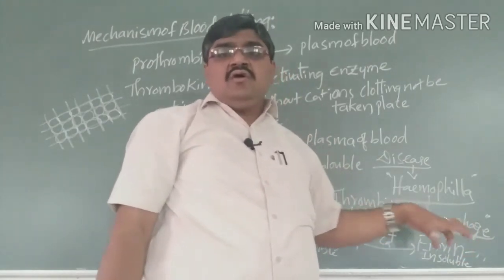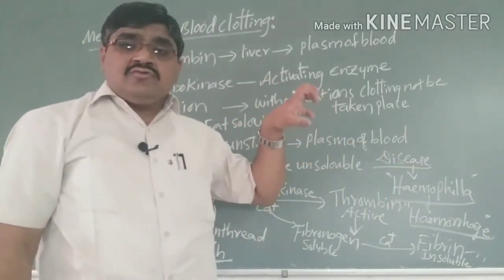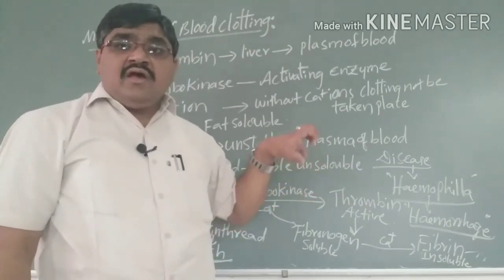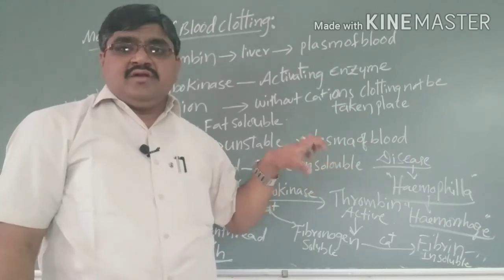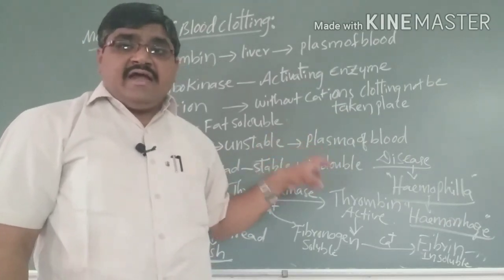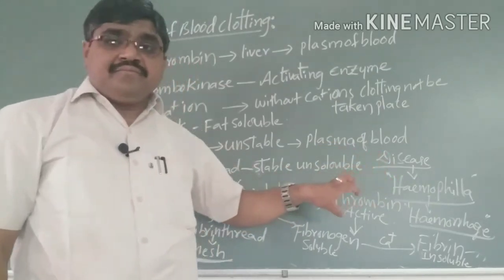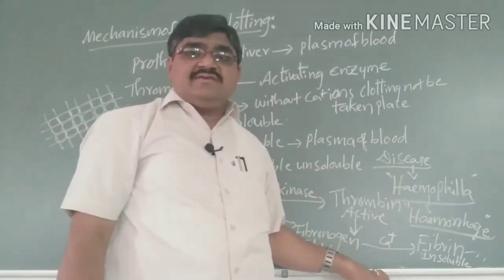So this is how prothrombin is converted to thrombin. Thrombin converts fibrinogen into insoluble fibrin threads. Fibrinogen is soluble and present in plasma, and it is converted into active form by thrombin in the presence of calcium ions.